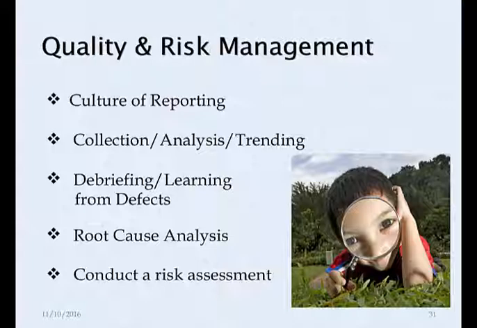We need to collect the data, we need to analyze it, and we need to trend it, and we need to put it out there for staff to see. Staff love to see data if it's presented in a way that they can comprehend.